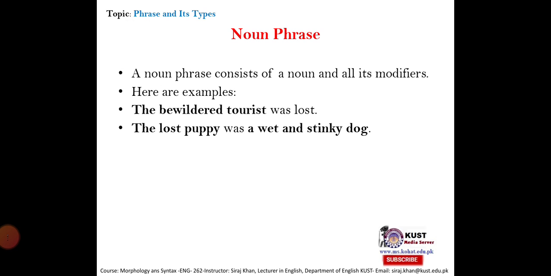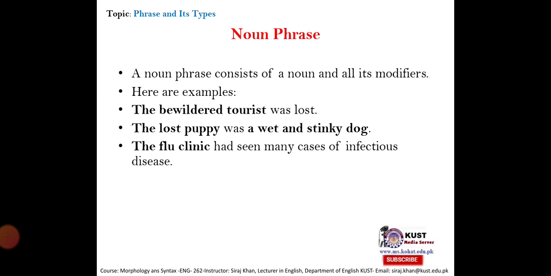The last puppy was a wet and stinky dog. The last puppy. Two noun phrases are here. The last puppy, followed by a verb and then an object, a wet and stinky dog. Here it is as a subject.